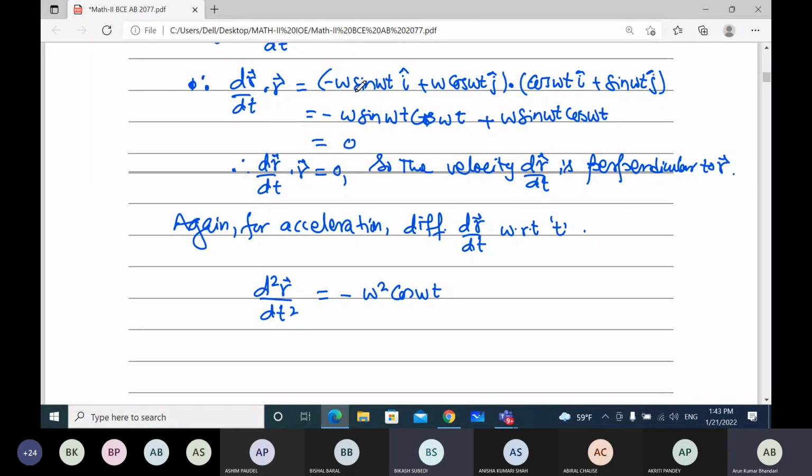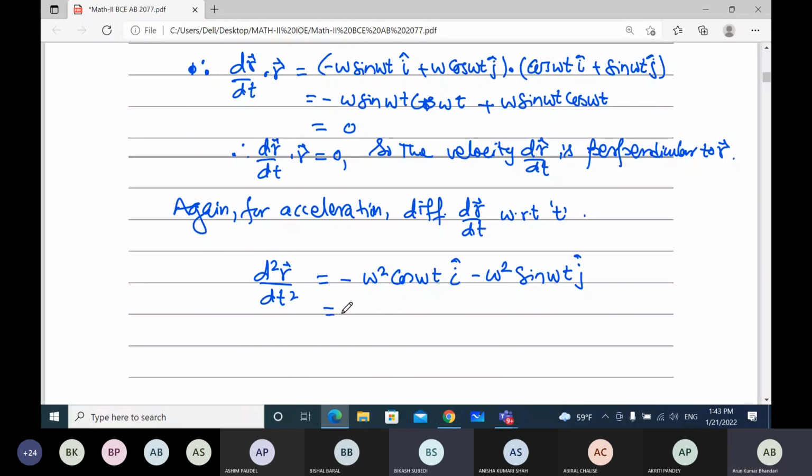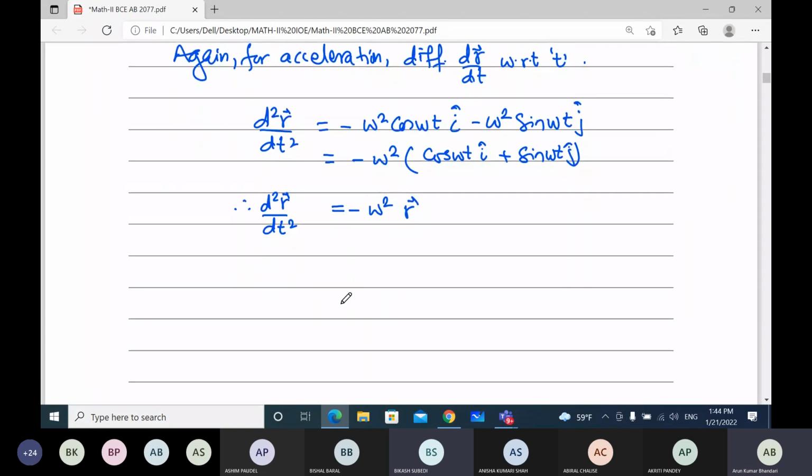Here dr by dt is minus omega sin omega t; the derivative of sin omega t is cos omega t times omega from the chain rule, giving minus omega square sin omega t j. If you take common minus omega square, it is cos omega t i plus sin omega t j, which is r. Therefore, d2r by dt square equals minus omega square r.